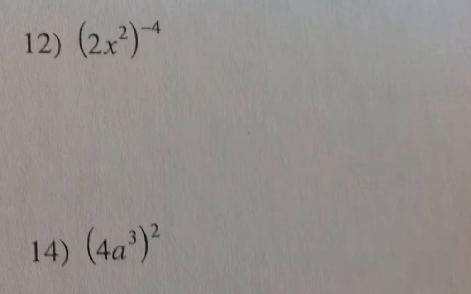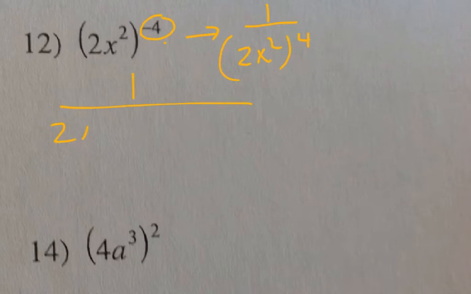We'll make these our last two, guys. So looking at number 12, I want you to notice the -4 power again. So what does that negative mean? Reciprocal, right? So this is basically 1 over 2x squared to the +4 power. Now that we got rid of the negative, what does that 4 power mean again? That means we have this, guys. We have 2x squared once, twice, 3 times, 4 times.